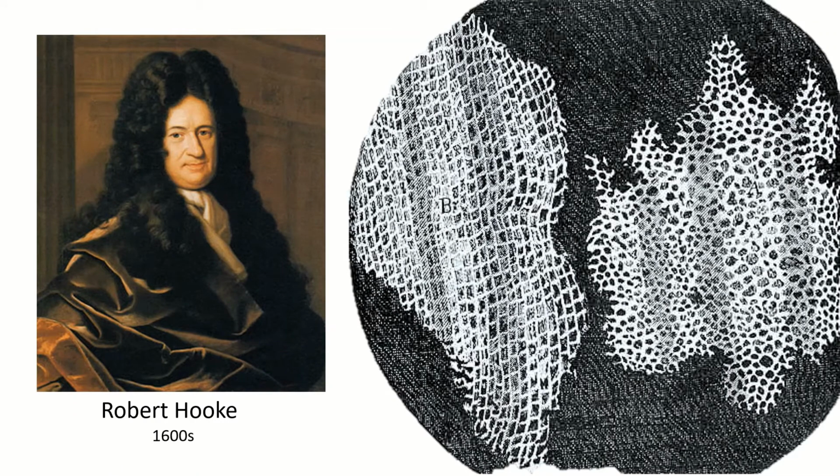So he drew them, and he observed that the bark of the cork tree is made up of squares. Squares that seemingly look like the rooms in an abbey where monks lived. So because these squares reminded him of those cells, he coined the term cells to call these things.